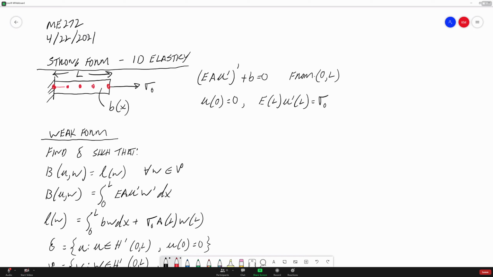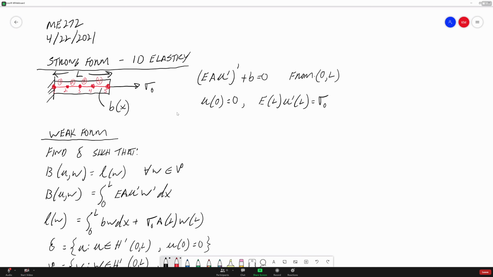So we get 1, 2, 3, 4 elements. So this is all we're doing. I drew this beam as two-dimensional, but we're solving a problem like it's one-dimensional, right? And then this was element 1, 2, 3, 4, and nodes 1, 2, 3, 4, 5.